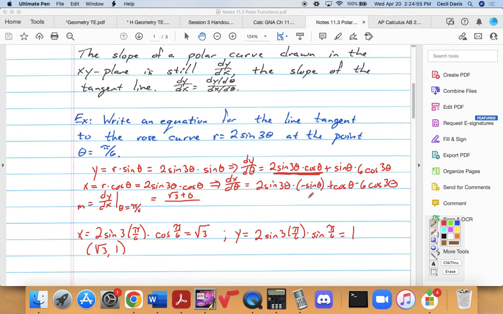Over here, we're going to have 2 sine, so that's 2 times a half is negative 1, plus 0 is negative square root of 3. Tell me that that's right. Yes. So the equation is y is equal to 1 minus the square root of 3 times x minus the square root of 3. That's just point slope.